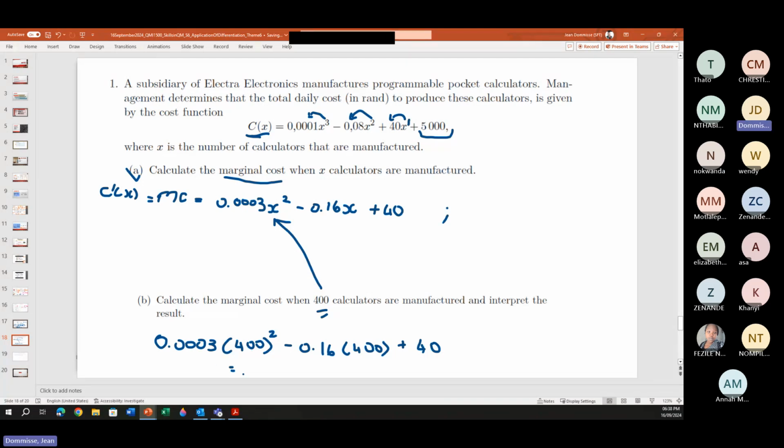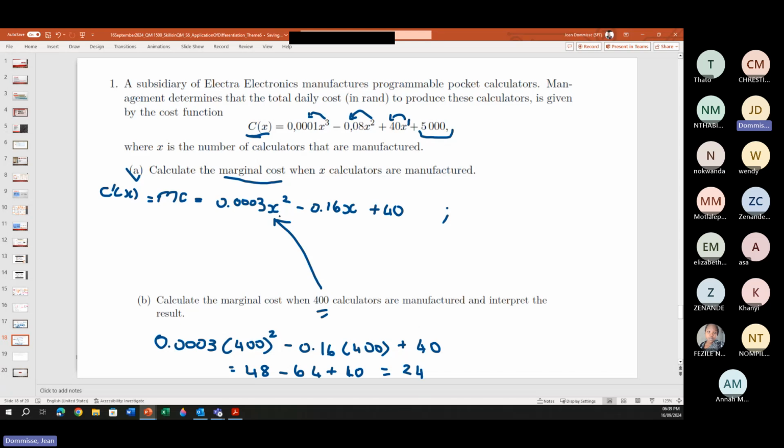So that first component gives me 48. Then the second component, 0.16 times 400, gives me 64. So minus 64 plus 40. So my marginal cost would be 48 minus 64 plus 40, which is equal to 24.